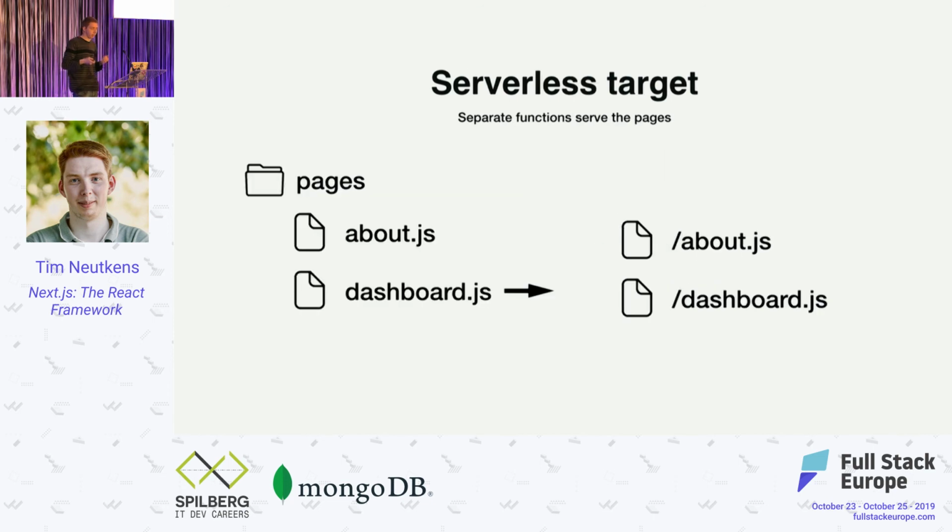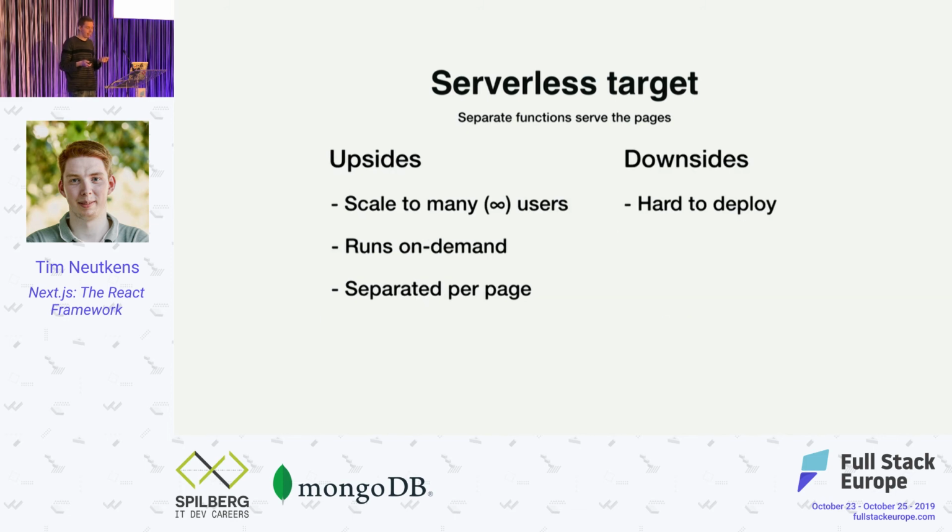So then there is the serverless target, which is a more optimized target that we created that allows you to basically build the next step into separate serverless functions. And the serverless target also has some upsides and some downsides. And they're basically the opposite of the server target, which is you can scale to many users, which is great.